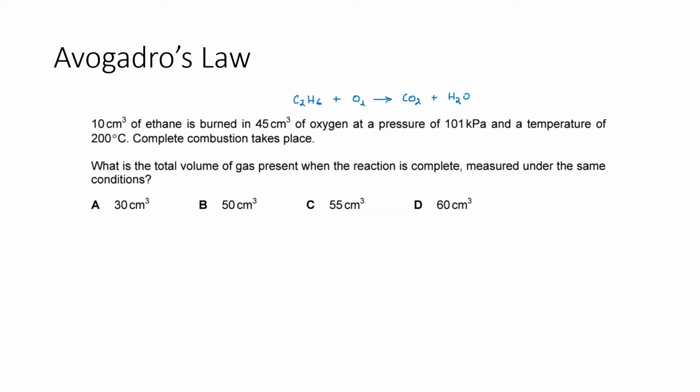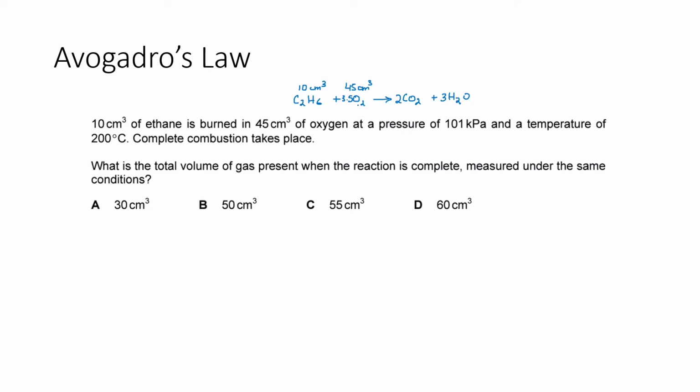Now balancing this equation, we have 2 carbon dioxides and 3 waters, balancing the number of carbons and hydrogens on both sides. And balancing the oxygens on both sides, we get 3.5 moles of O2. All right. Now we know that we have 10 cubic centimeters of ethane and 45 cubic centimeters of oxygen, right?